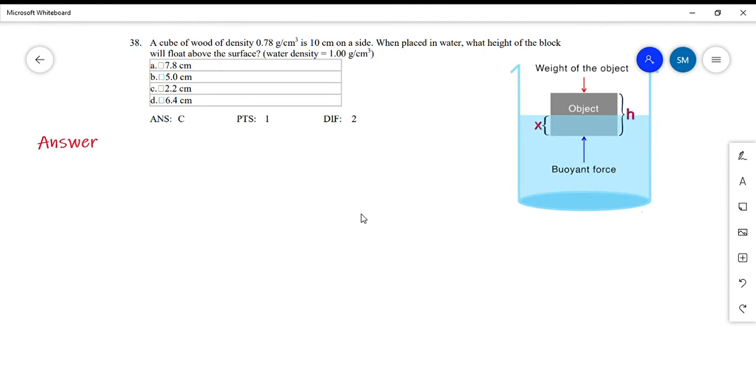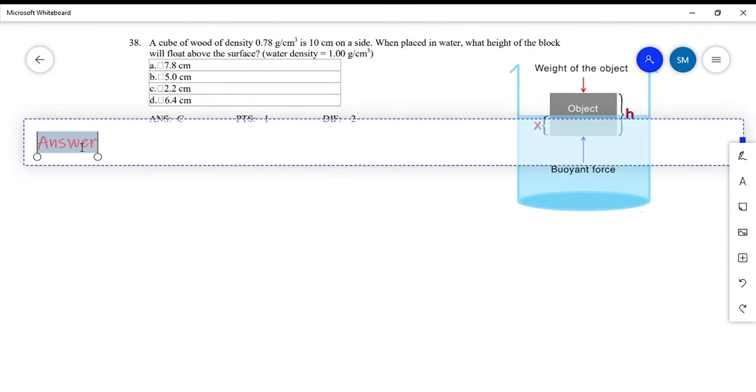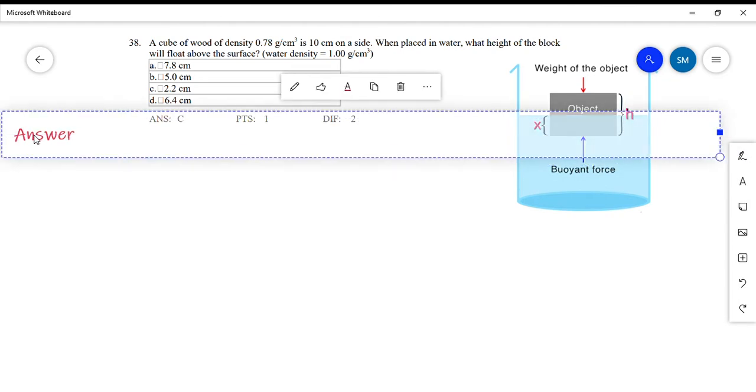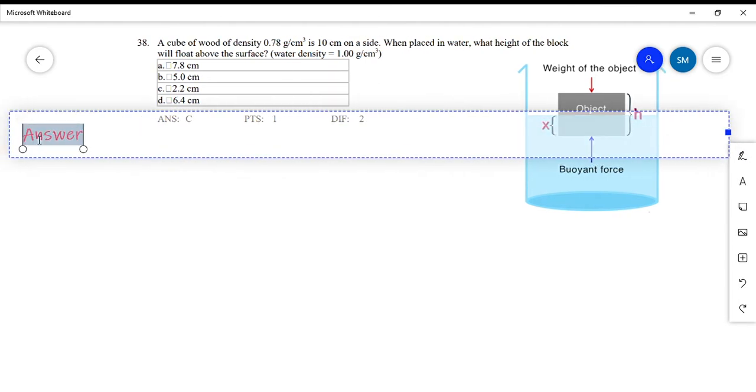Question number 38. We have a rule, I hope you know it. If you don't know this rule, I highly recommend you to see the videos in my description box. We'll explain where this rule came from.